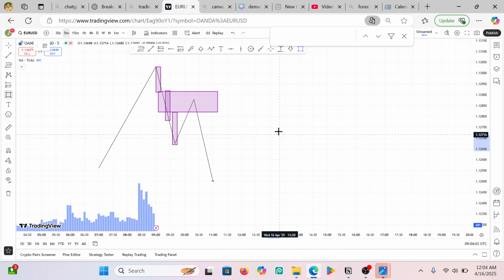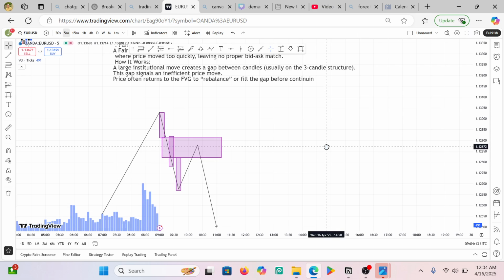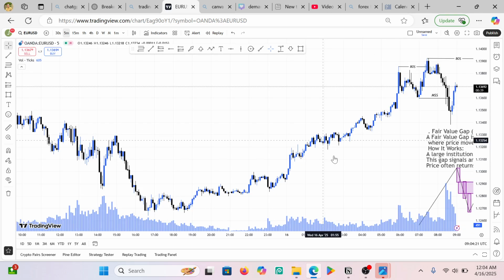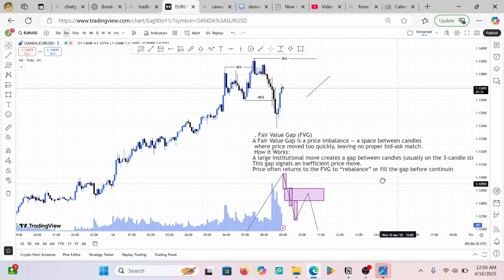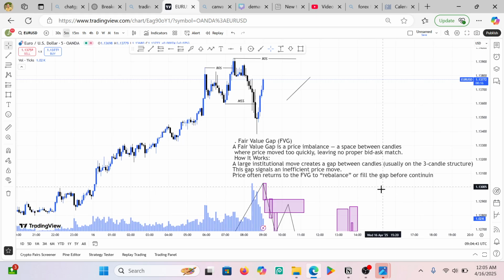Three candlesticks formation. Alright, let's see it first before we continue. It's opening.